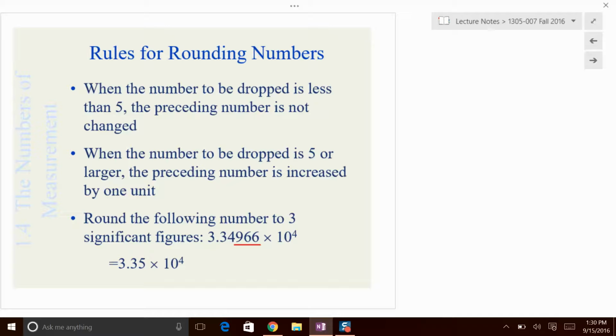That's going to change this number or keep it the same. If it's below 5, so 4 or less, then it keeps it the same. If it's 5 or above, it increases it by 1. For this number, that's a 9, so that 4 will become a 5, and I round it to 3.35.